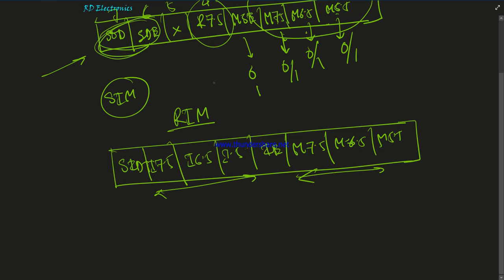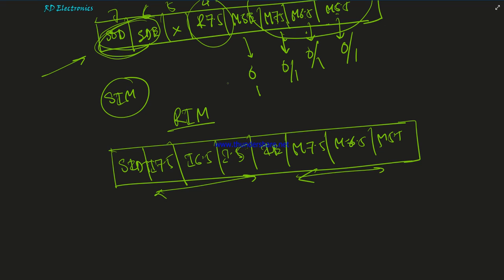It loads the accumulator with different types of information, depending on the application. This is a 1-byte instruction, and the functions of RIM are: first, to read the interrupt mask, loading the accumulator with 8 bits indicating the current status of the interrupt mask.